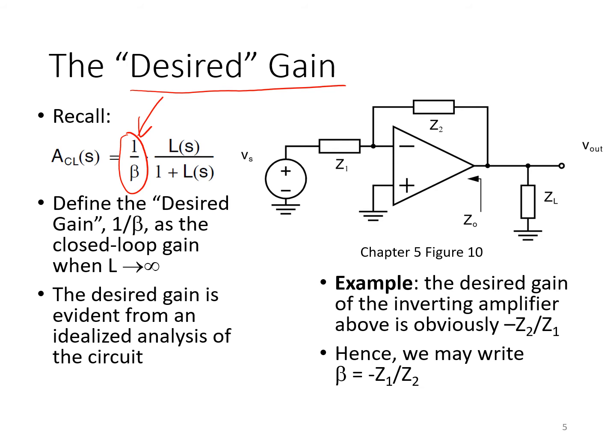And so knowing that 1 over beta is negative Z2 over Z1, then we simply see that the closed loop response of this inverting configuration looks like negative Z2 over Z1 until such frequencies where this term here, L over 1 plus L, starts deviating from unity.